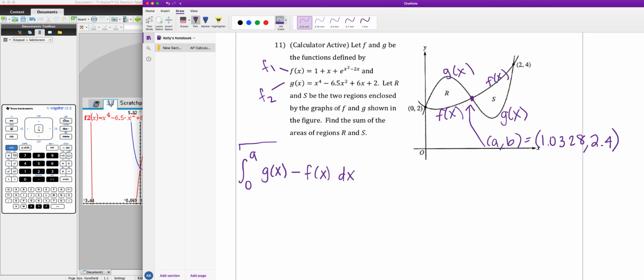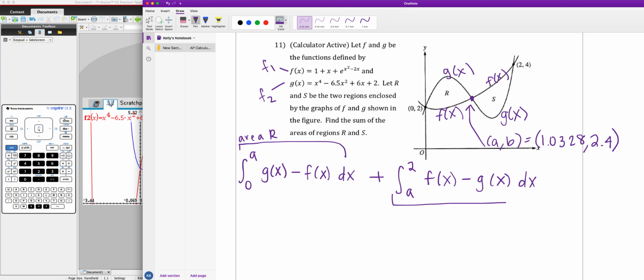So this first piece right here is the area of R, plus my second integral will give me the area of S, which will go from A to 2 of f of x this time, minus g of x dx. And then this second piece right here is the area of S.